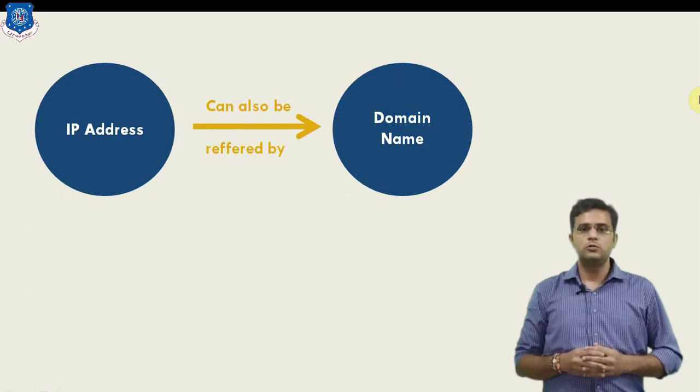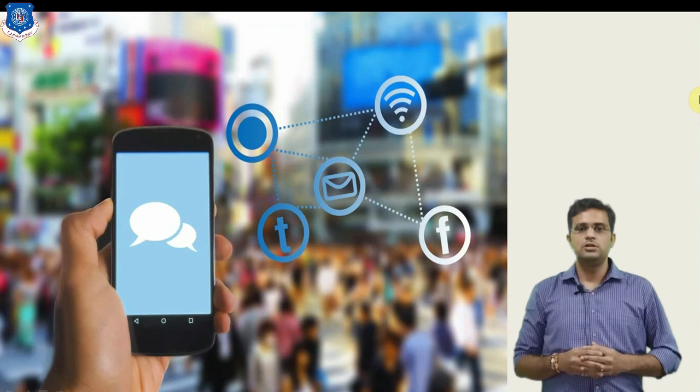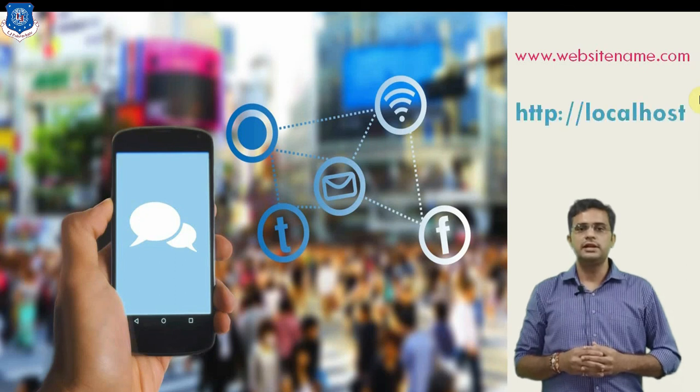When you try to open any web application or website on the internet, you write a domain name, for example www.websitename.com, instead of writing the IP address. But when your web application is hosted on your own system, you have to write localhost, indicating that you are connecting to the local server and not to a server on the internet.